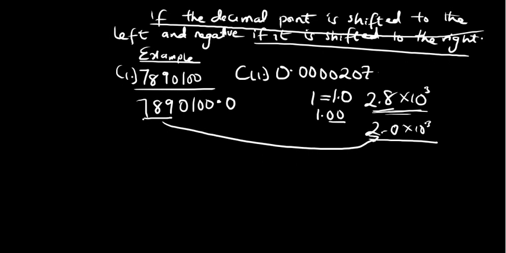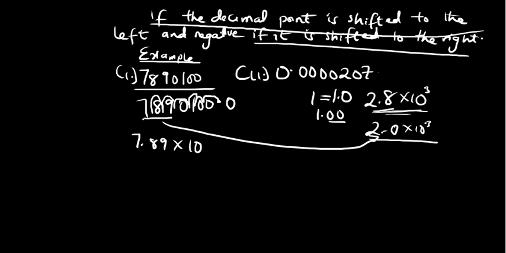So now let's move this decimal point. 1, 2, 3, 4, 5, 6. Now our standard form will be 7.89 times 10 raised to power what?